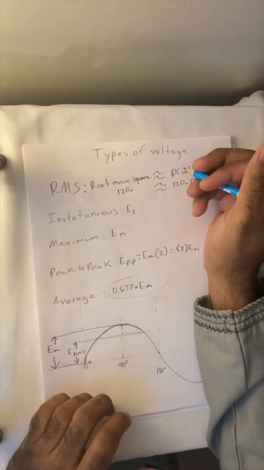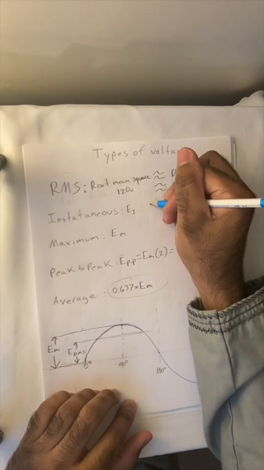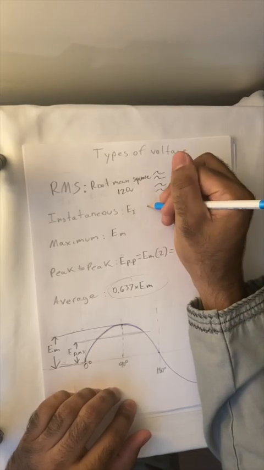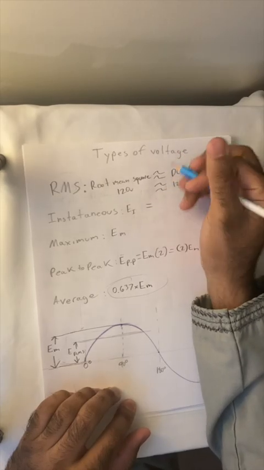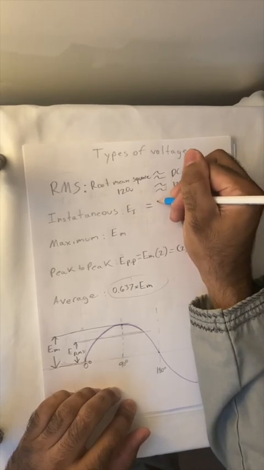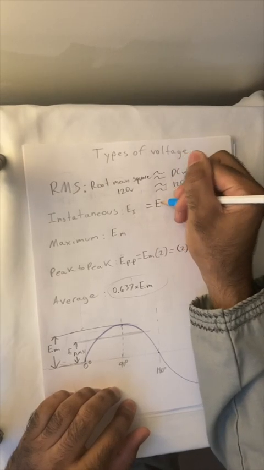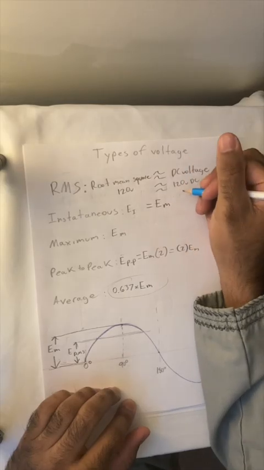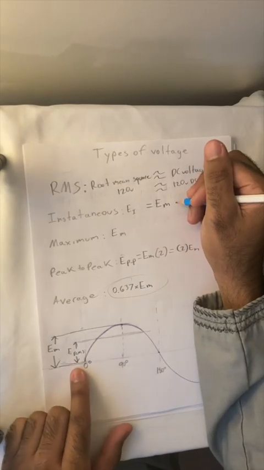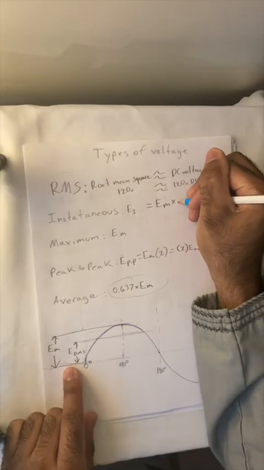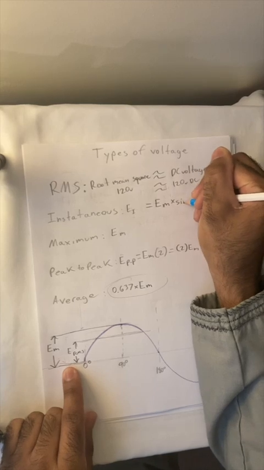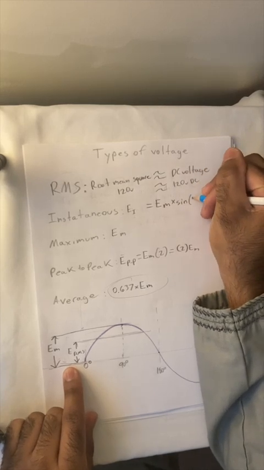So with that being said, instantaneous voltage is represented by an equation. Instantaneous voltage is equal to E maximum multiplied by sine theta.